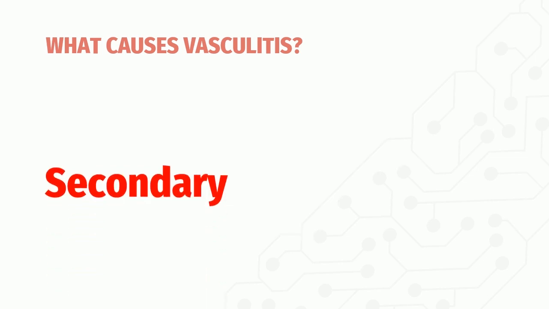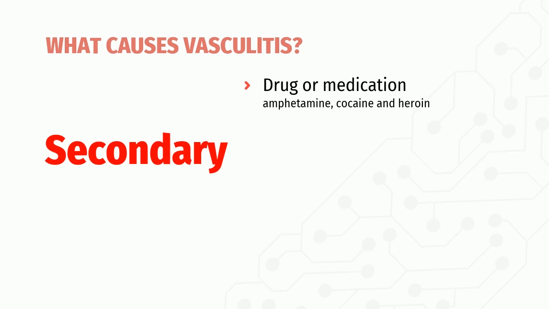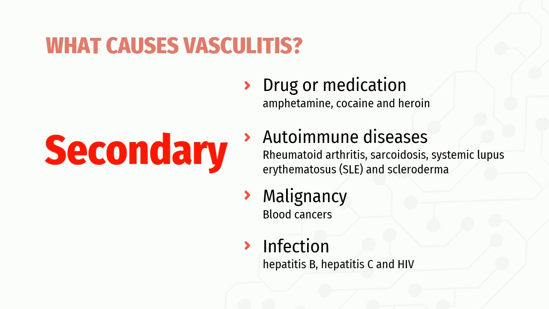Or the vasculitis may be secondary to a drug or medication such as amphetamine, cocaine, and heroin, or secondary to autoimmune diseases such as rheumatoid arthritis, sarcoidosis, systemic lupus erythematosus, and scleroderma. Maybe secondary to malignancies such as blood cancers, and even secondary to infections such as hepatitis B, C, and HIV.